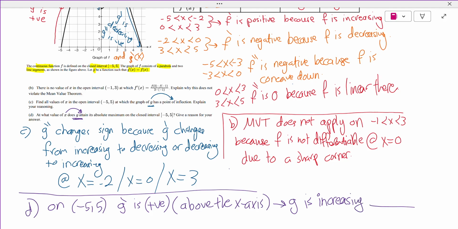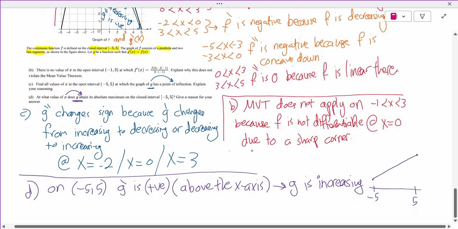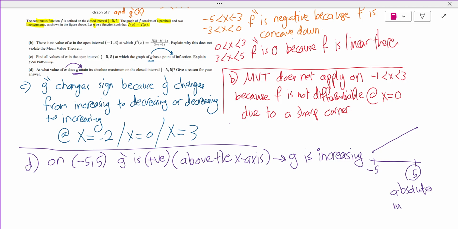So from -5 all the way to 5, the function is increasing. So what do we have at the right endpoint at x equals 5? We have an absolute maximum.